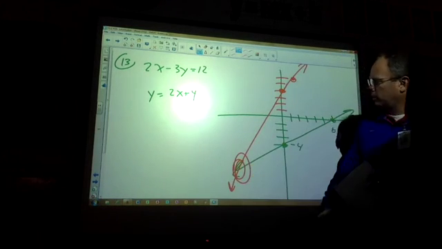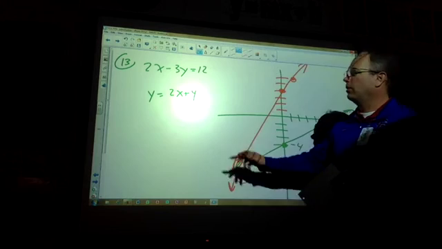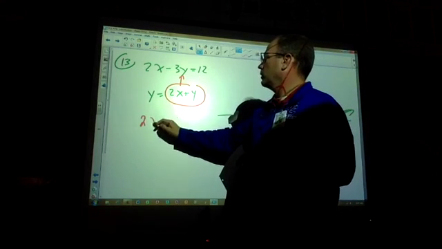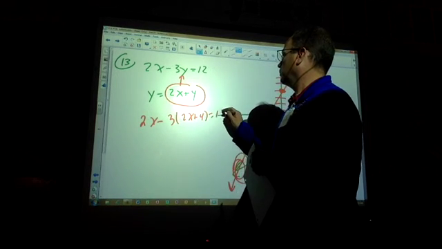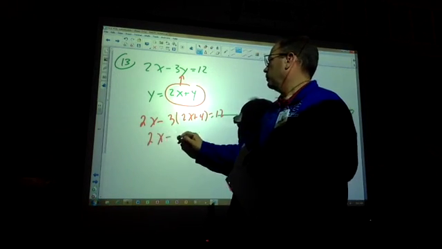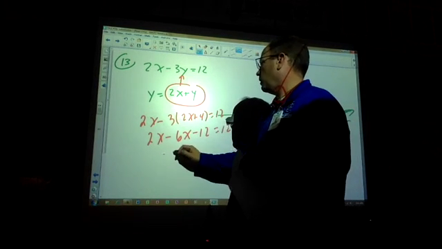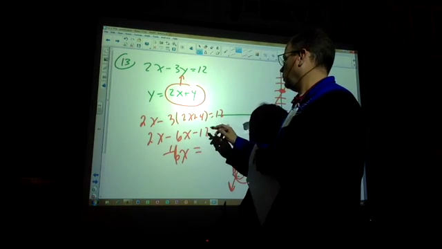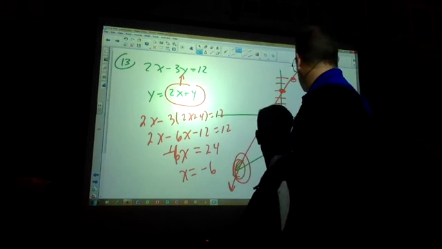Somewhere down there it's crossing. Do I know exactly where? I don't know. I didn't graph that nicely. This would be a great one to do substitution on, obviously. I'd say plug that in right there. Negative 4x equals 24. x equals negative 6.